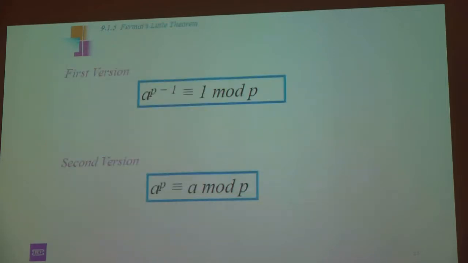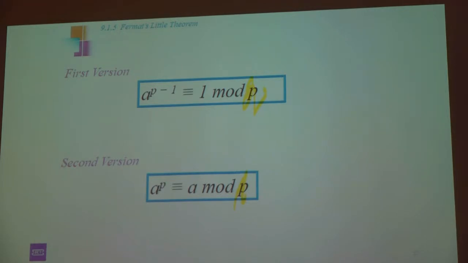Moving forward. Now we move from Euler to Fermat's little theorem. There are 2 versions, version 1 and version 2. Version 1 says, and here we're talking about a modulus which is a prime. It has to be prime.